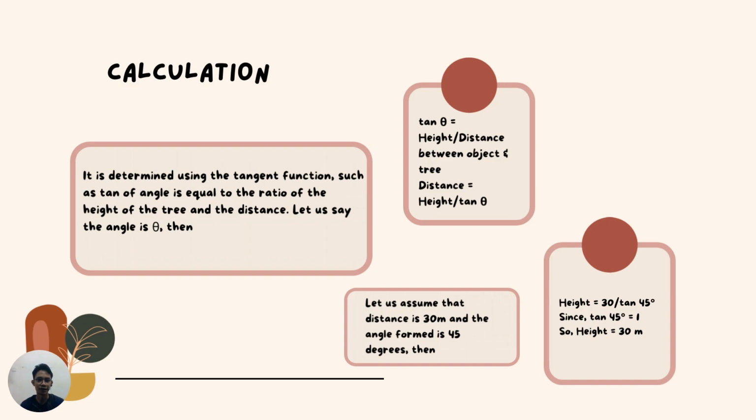Let us assume the distance is 30 meters and the angle is 45 degrees. Then the height is 30 multiplied by tangent 45 degrees. Since tangent 45 degrees is equal to 1, the height is 30 meters.